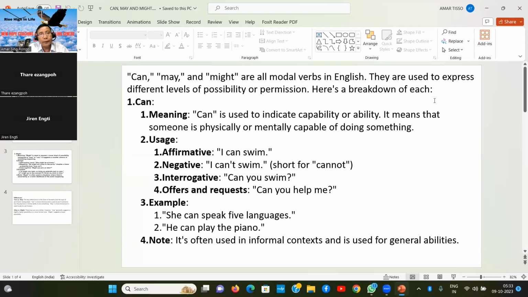We discussed the differences also. Today, we'll talk a little about these three modal verbs.